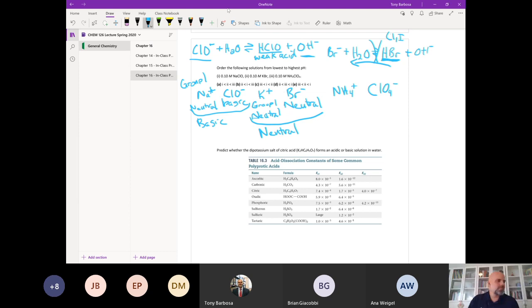So is the ammonium ion acidic, basic, or neutral? This is our polyatomic ion.